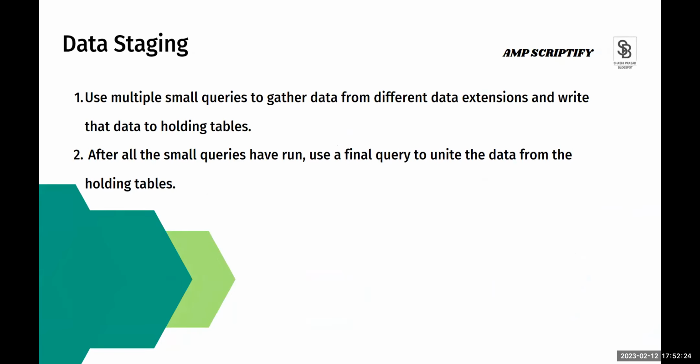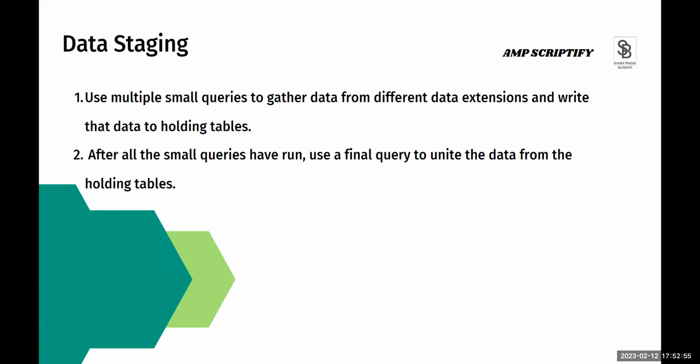The last one, to end here with query optimization, is data staging. If you're manipulating your data, let's take the example of tracking. You have bounces, clicks, opens, spam complaints, and many things. Rather than writing one query with a lot of unions, joins, and other things, why not create different data extensions for open, click, bounce, spam, and others?